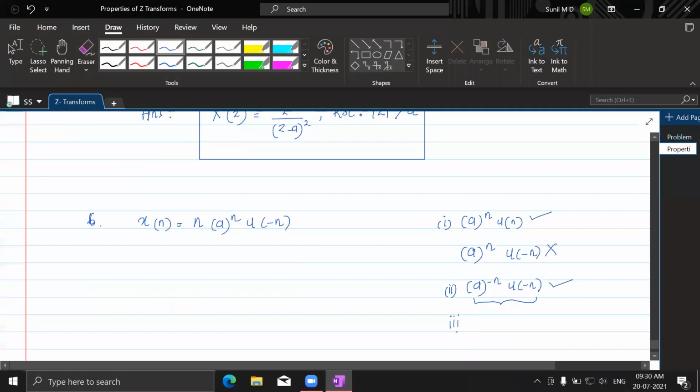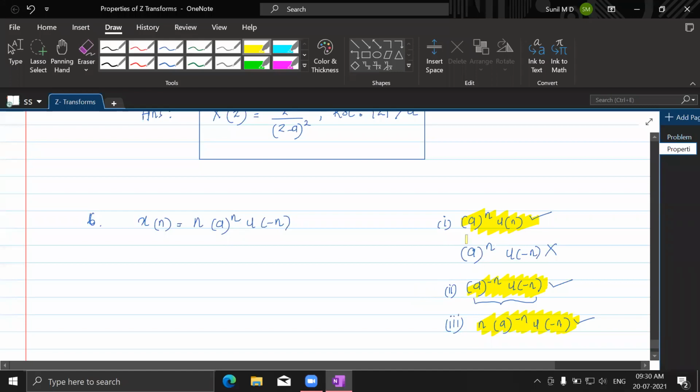Then I need the differentiation in time domain property. So this is the flow. Get that point? First, you need to obtain the transform of this. Then you have to get the Z transform of this using the time reversal property. And then you have to get the Z transform of this using the differentiation in time domain property. Is that okay with you?